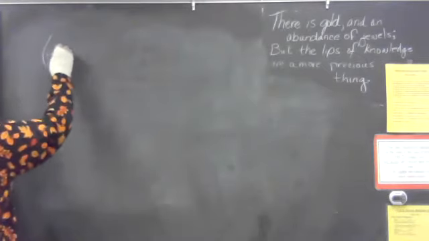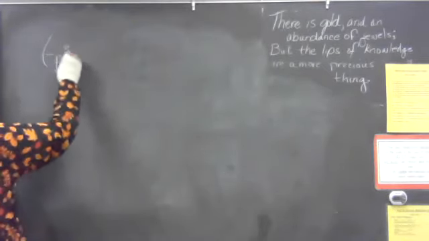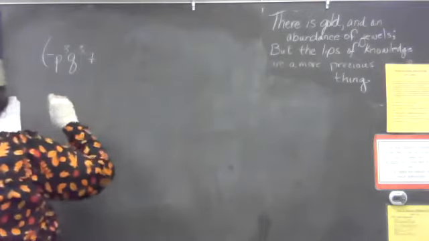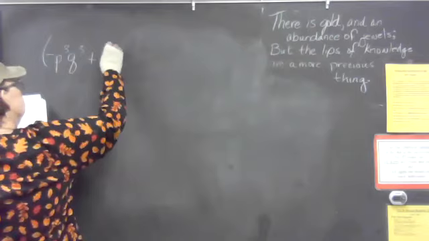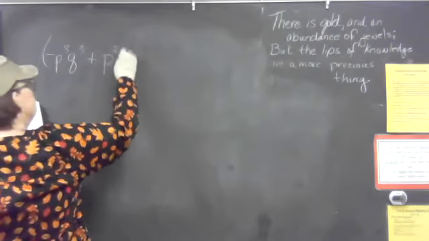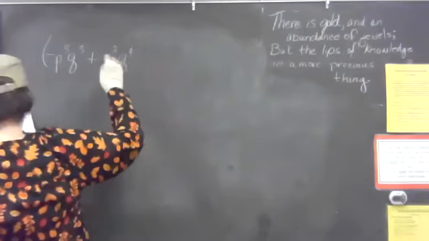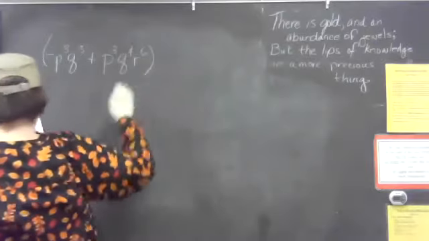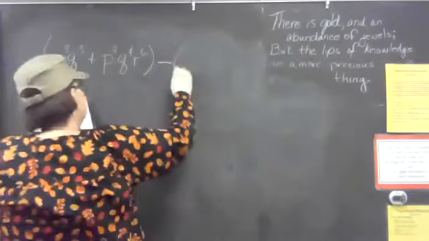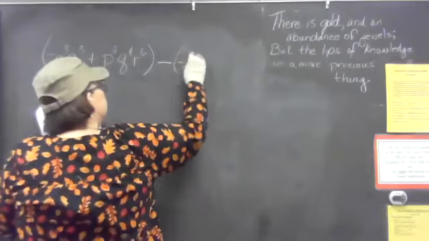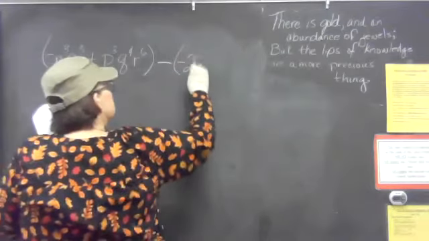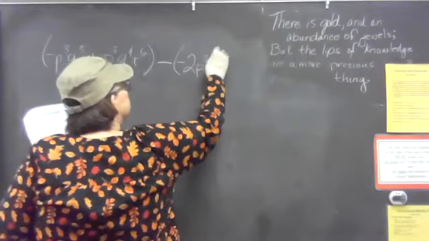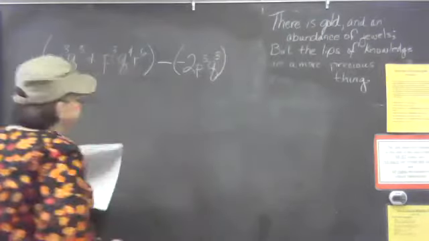Negative. You guys watch my exponents. Make sure I write it down correctly. P cubed, Q to the 4th, R to the 6th, minus negative 2, P cubed, Q. Okay.